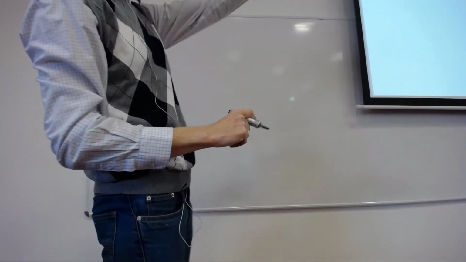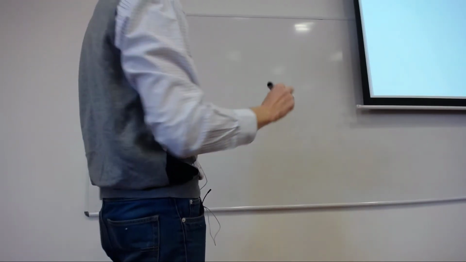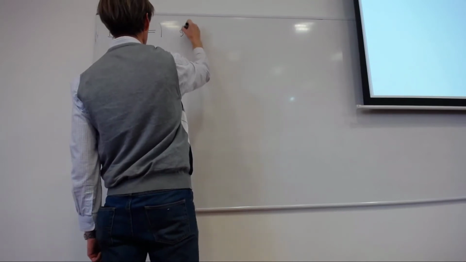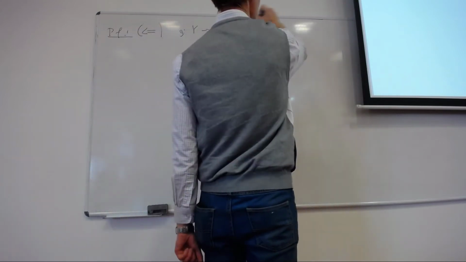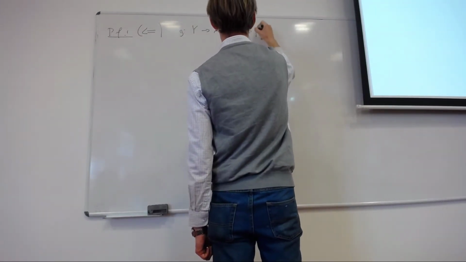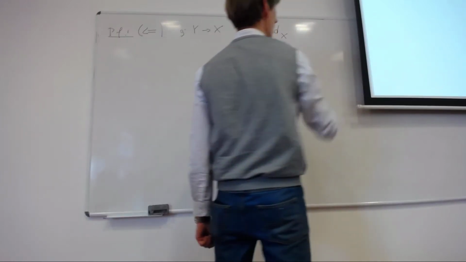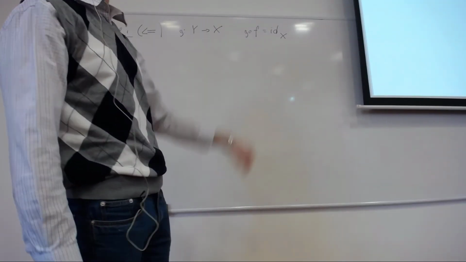If we have some left inverse to a given function f, so if we have some function g from Y to X such that g composed with f is the identity function on the set X, how do we show that f is injective?